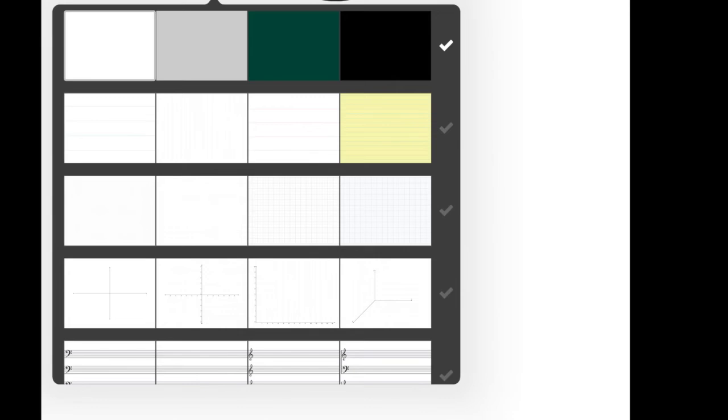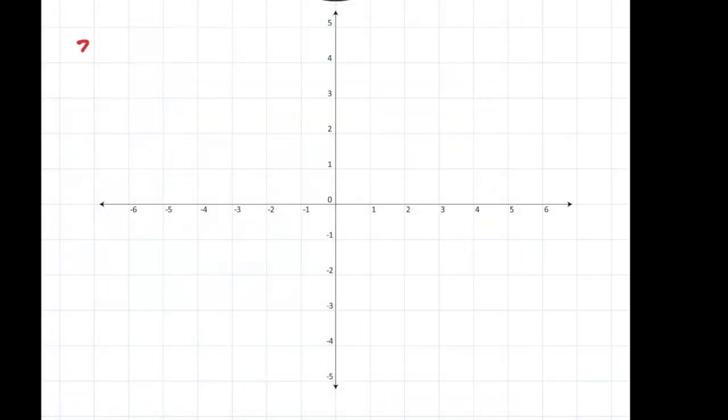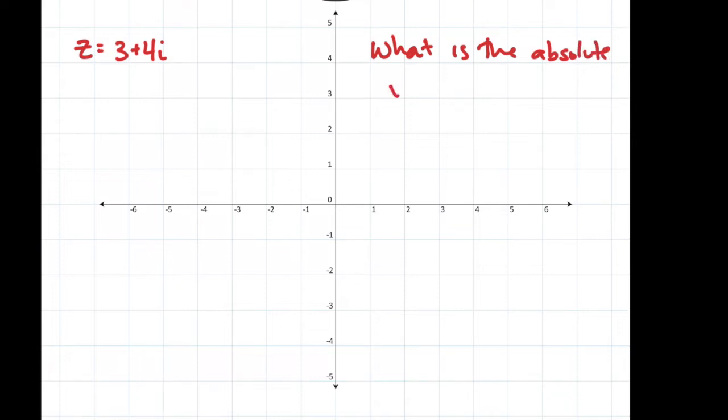So to expand on the graphing, let's go back to that example we just did. When we ask for the absolute value, the way we write it is the absolute value of z equals the absolute value of 3 plus 4i. Well, what does that mean?